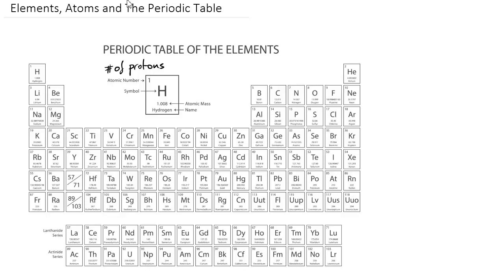If you look at, say, iodine, which is down here, iodine has 53 protons in its nucleus. Okay, so that's essentially what makes it iodine. If an atom has 53 protons in its nucleus, it will always be iodine. Okay, so the number of protons and the atomic number are related.